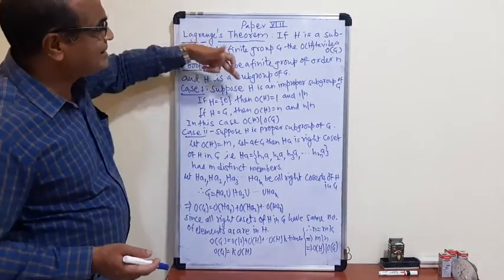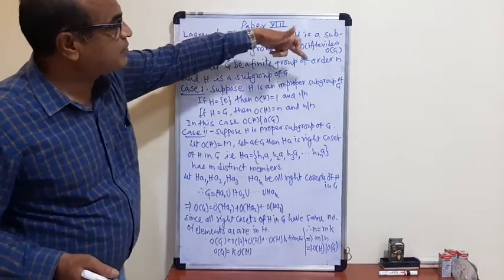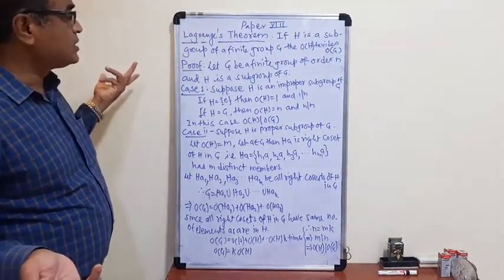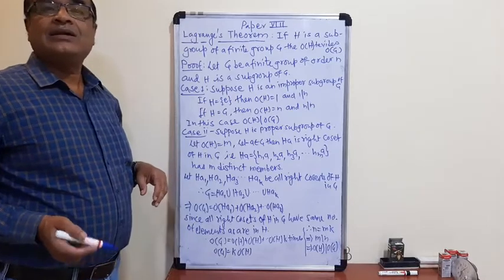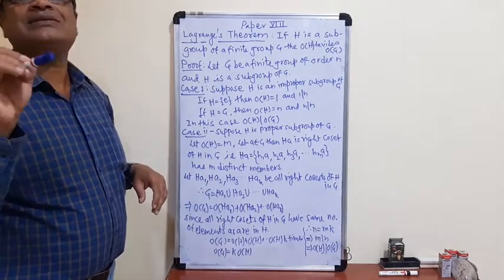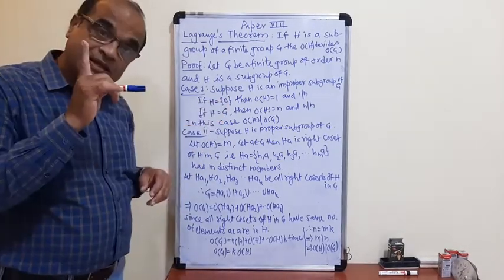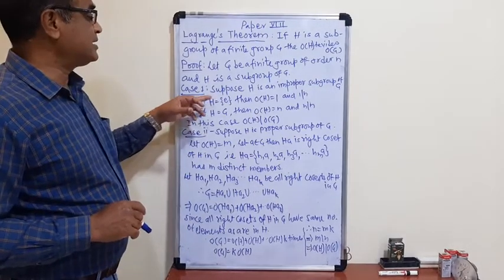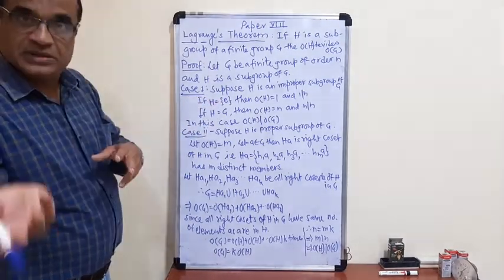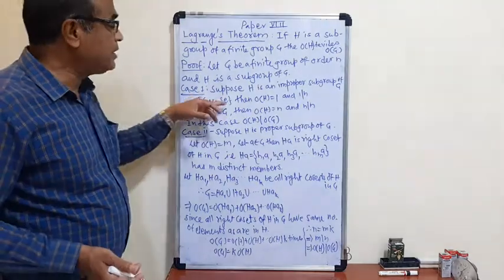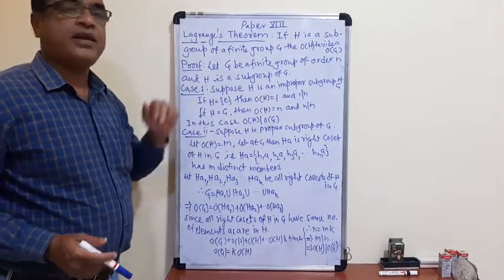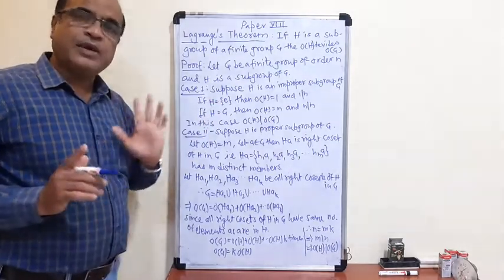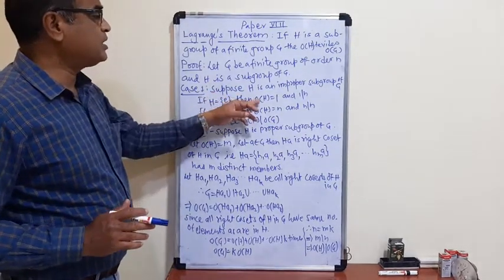Improper means H has only one element, a singleton, that is e. So H is a subgroup of G having only one element e. Then the order of H is 1, because there is only one element.